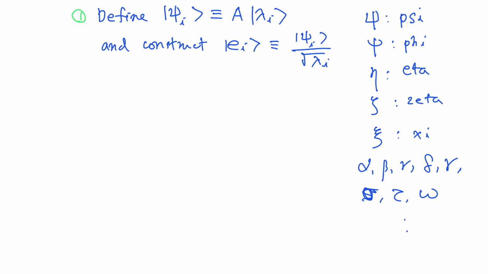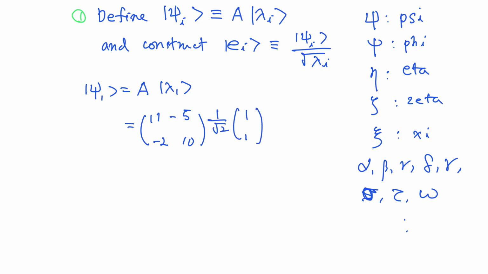So let's construct psi_i and e_i. Psi 1 is A times lambda 1, which is [11 -5; -2 10] times (1/square root of 2)(1,1), which gives 1 over square root of 2 times (6, 8). 11 minus 5 is 6, right? And minus 2 plus 10 is 8.